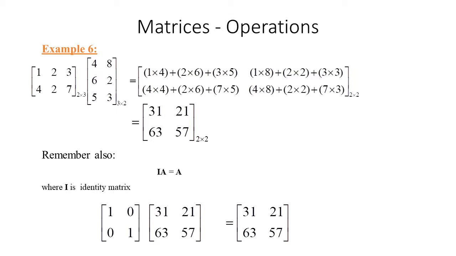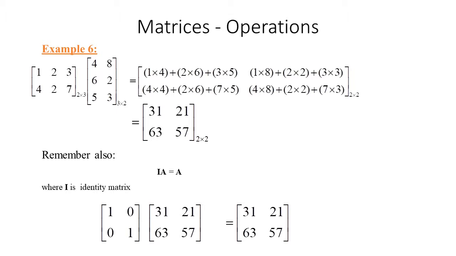So now let us multiply. We have to multiply row by column. First row of the first matrix with the first column of the second matrix: 1 multiply 4 plus 2 multiply 6 plus 3 multiply 5. The next one is first row, second column: 1 multiply 8 plus 2 multiply 2 plus 3 multiply 3.